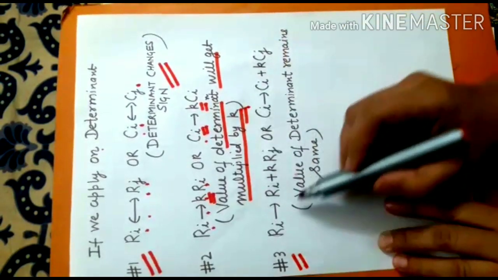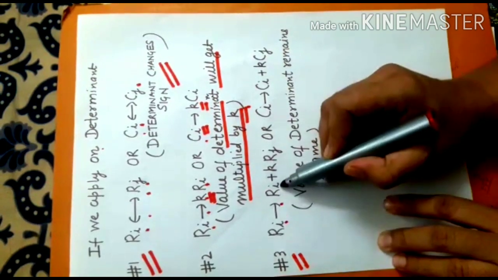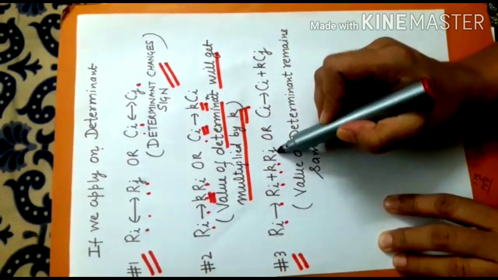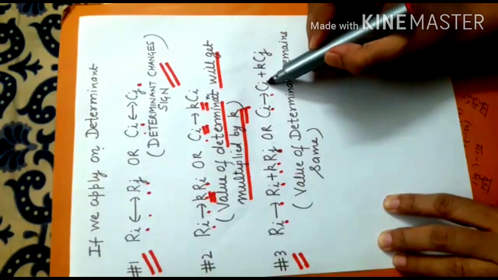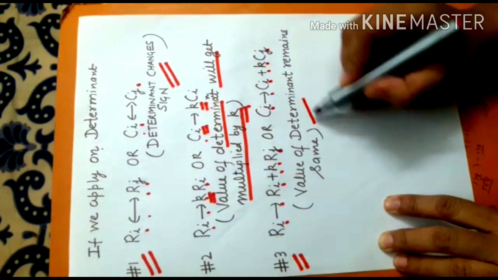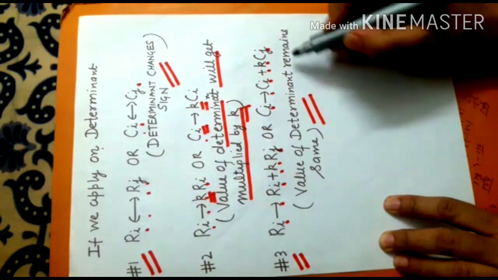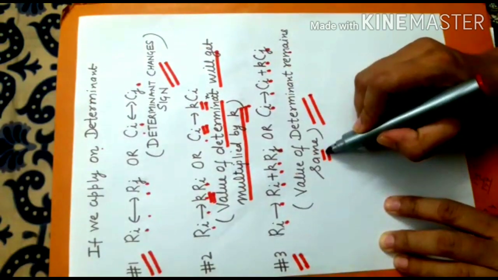And third, if we apply the operations Ri changes to Ri plus k times Rj, or Ci changes to Ci plus k times Cj, then there is no change in the value of the determinant.